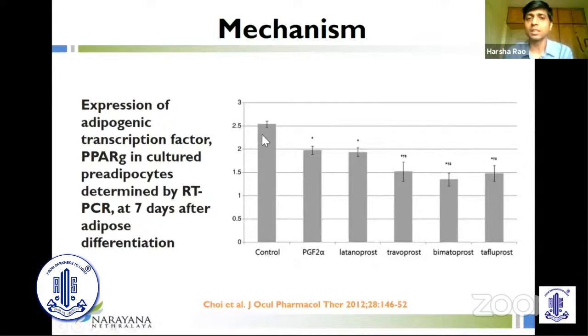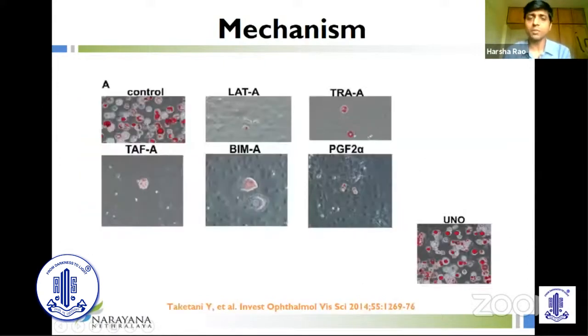So the control bar is here, and the reduction in the transcription factors with travoprost and bimatoprost is shown here, which is found to be very significant compared to latanoprost. If you can look at this graph, we will discuss that subsequently.